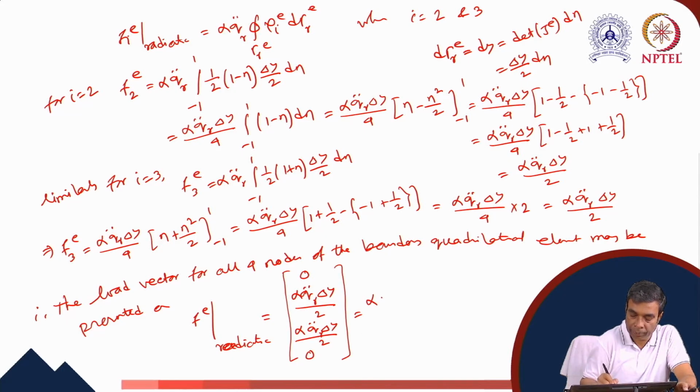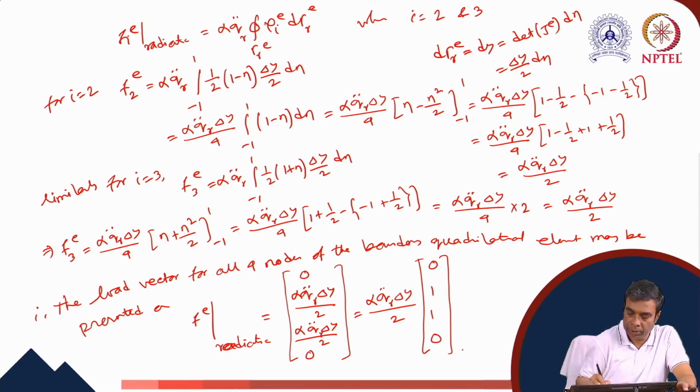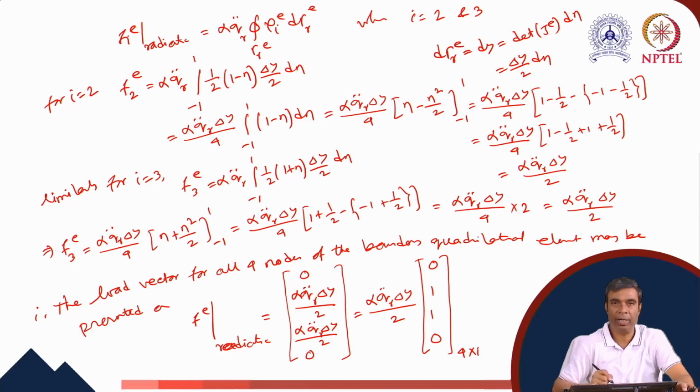This is alpha q_r double dot delta y by 2 times 0, 1, 1, 0. So this is a 4 by 1 load vector. So we have illustrated the implementation of the radiative boundary condition for two-dimensional bilinear quadrilateral elements. Now the method which we have shown can be followed for performing the calculations for one-dimensional problems.